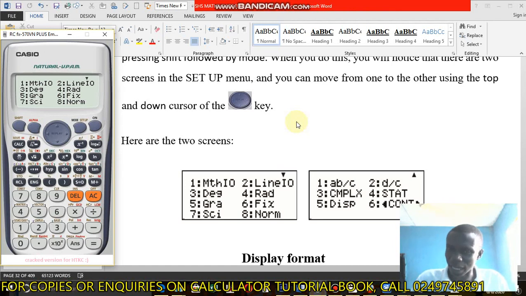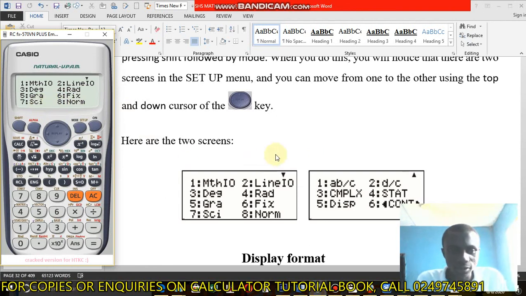For example, in the real number class, your teacher taught you significant figures, scientific notation or standard form, and decimal places. All this number presentation or approximation can easily be done with the calculator. So when we get to the real number system, you'll be using this fixed mode to solve every question on significant figures.